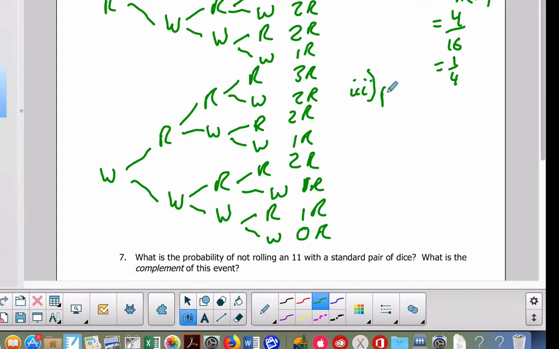So the probability of getting 0 or 1 right would be the number of ways that you can get no right or 1 right. And that's going to be then 5 out of 16.